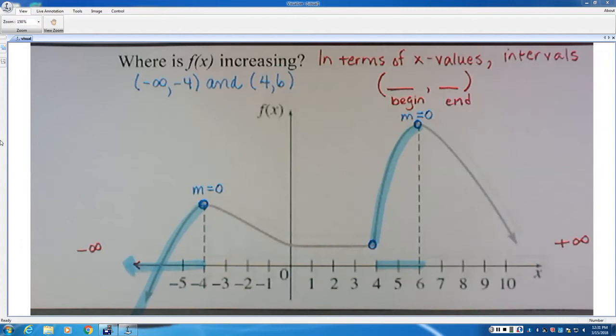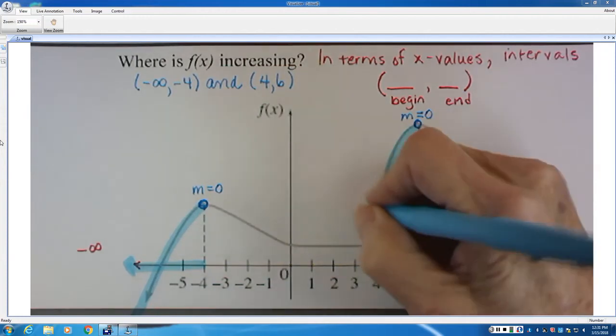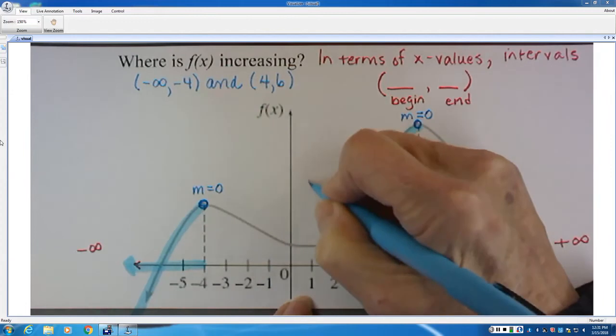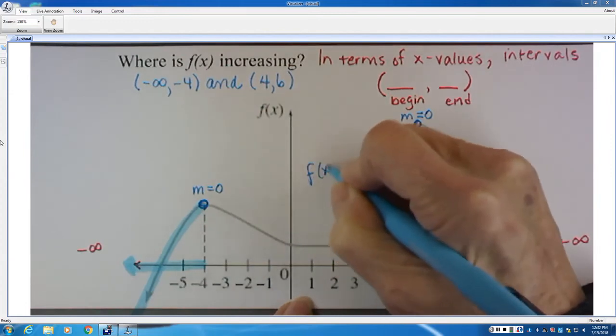You have a slope of 0. It does not happen there. It does not happen there. And in fact, the thing that we'll eventually come to here is f of x has no derivative at that point.